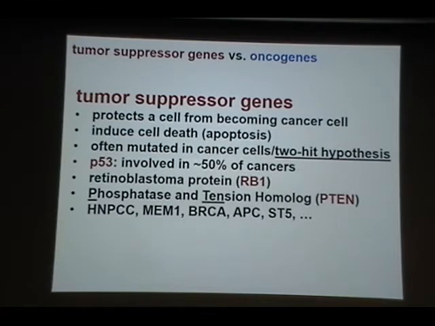I don't want to list all of them here. For P53, from the work I analyzed for oral cancer patients, if they have mutation in P53, both alleles of the gene get mutated. So this is a typical two-hit hypothesis.